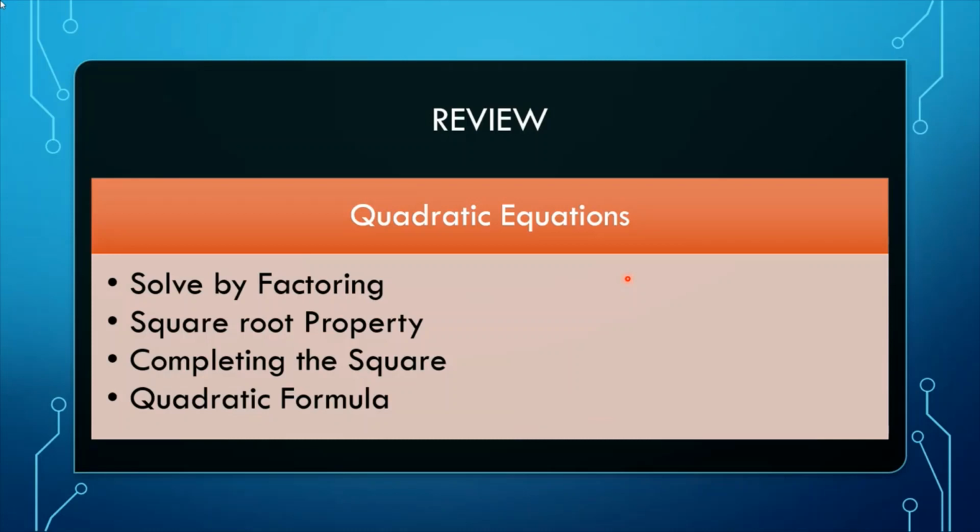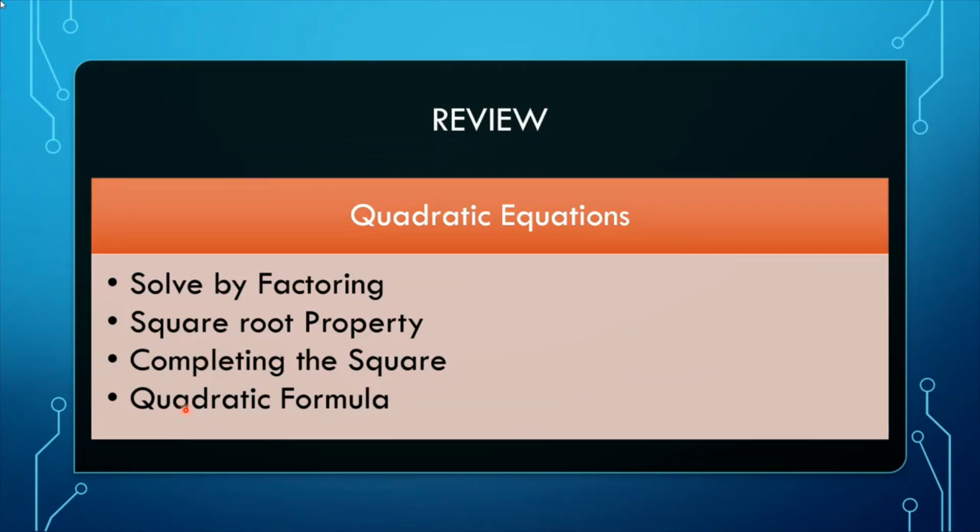You take half of b, square it, add that to both sides, then you factor the trinomial using b over 2, or half of b, and then take the square root of both sides, simplify, solve for x, and then you have the quadratic formula. You don't have to do completing the square. You can use the quadratic formula if you want.